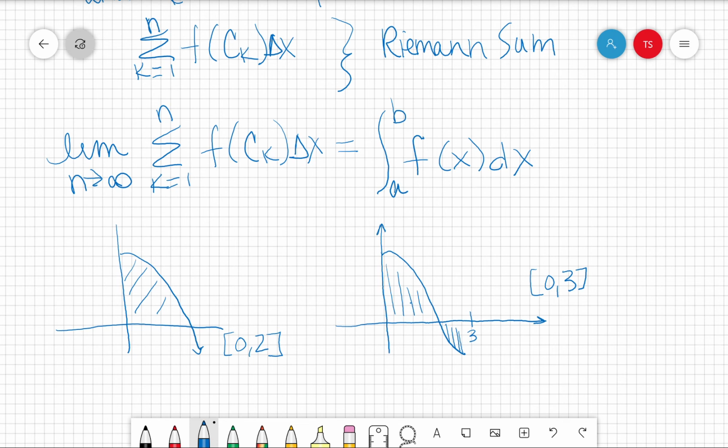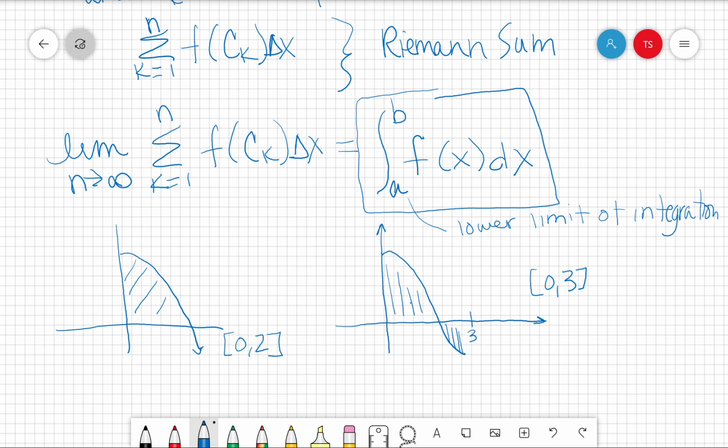And so this is our definite integral, where a is called the lower limit of integration, and b is called the upper limit of integration.